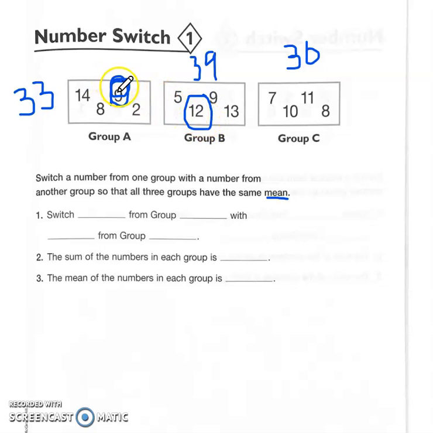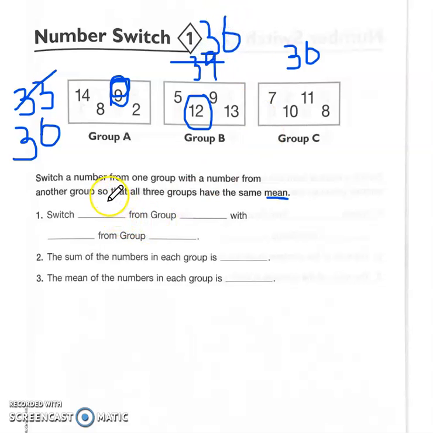Because if I take 9 away and give it 12, 12 is 3 bigger than 9, while 9 is 3 less than 12. That would raise my total here to be 36, and that would lower my total here to 36.